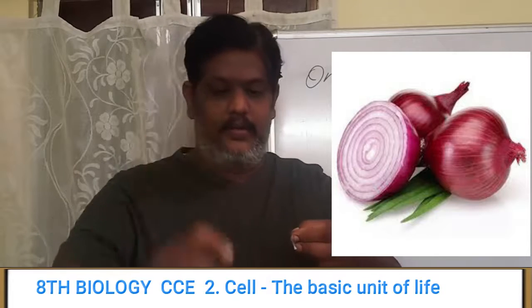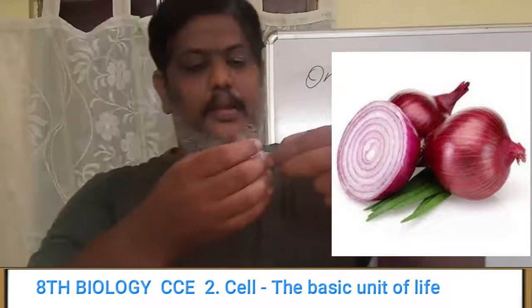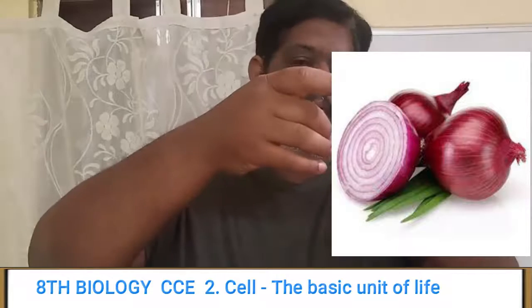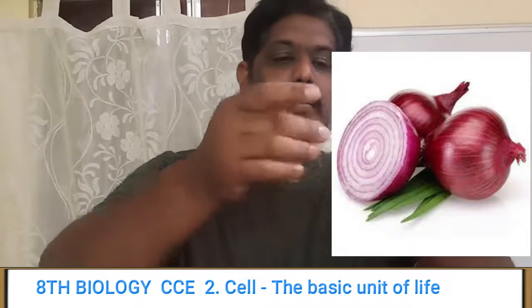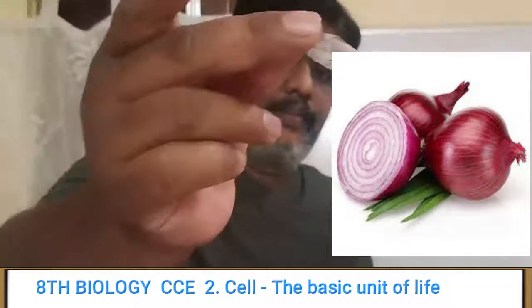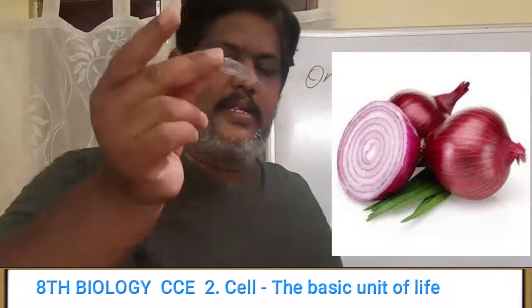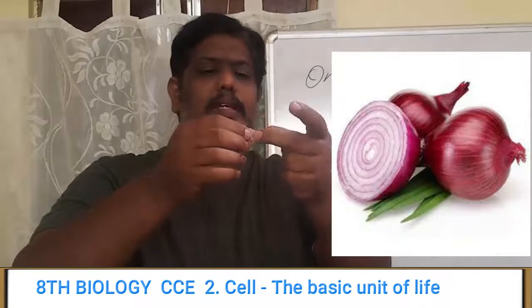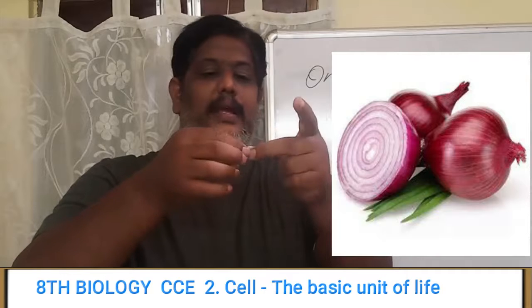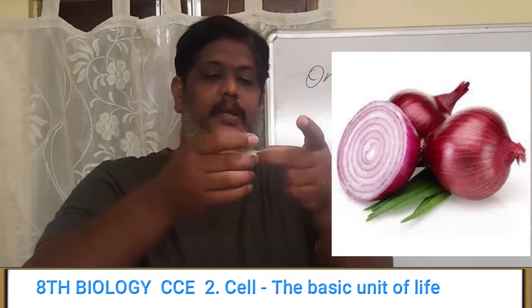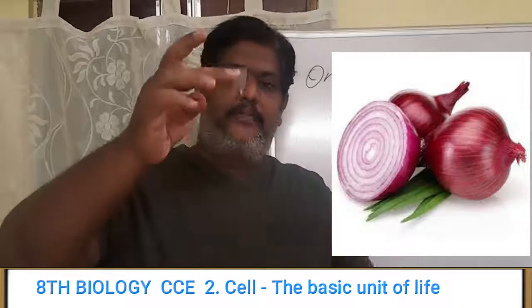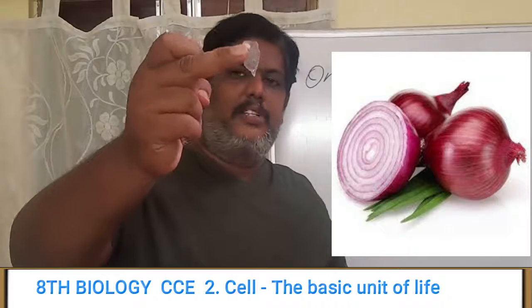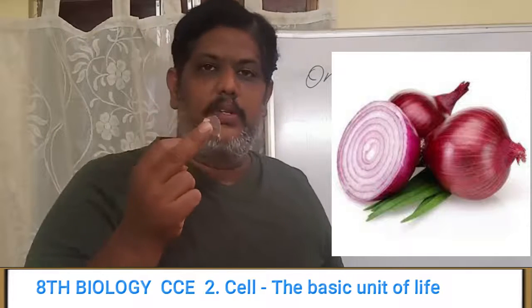This is the onion and this is the peel which I have removed. Can you see the onion peel here? You can see this is an absolutely transparent layer. If we check this layer under the microscope, you will be able to see the cells.